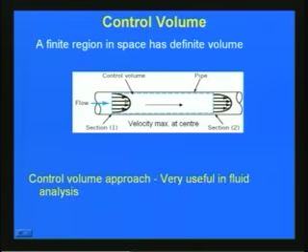What is happening in this is the major analysis which we will be doing. So this is the control volume approach used in fluid mechanics. If you consider a pipe like this, when the pipe flow is there, what is happening between one section and another, that is the control volume approach.